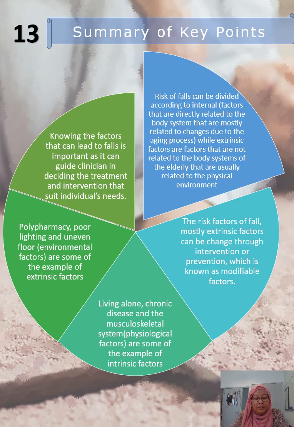Polypharmacy, poor lighting, and uneven floors are some of the environmental factors, or examples of extrinsic factors. Living alone, chronic disease, and the musculoskeletal system are some examples of intrinsic factors. The risk factors of falls, mostly intrinsic factors, can be changed through intervention or prevention, which are known as modifiable factors.